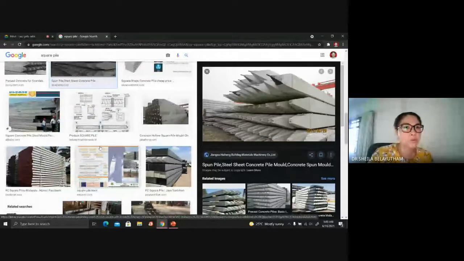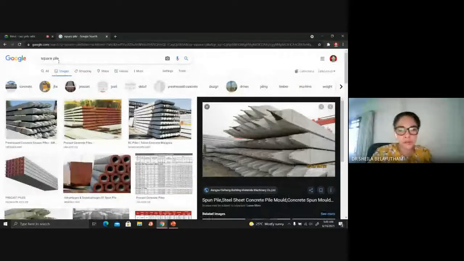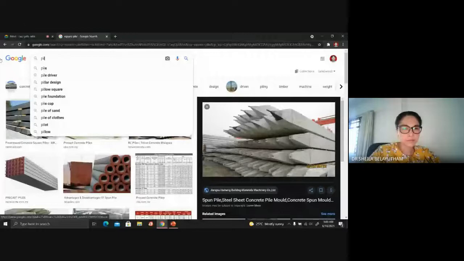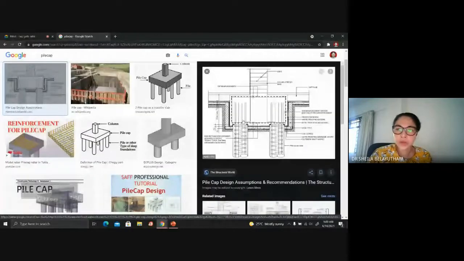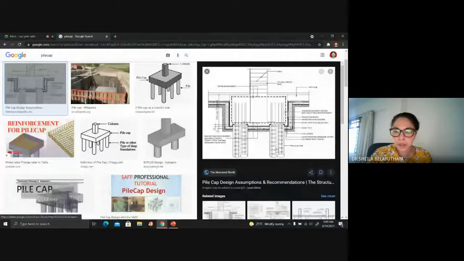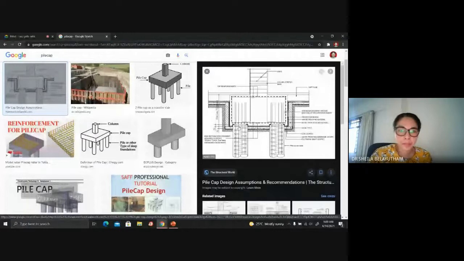So when we are trying to come up with a pile cap, this is a pile cap. You have driven in the pile, whether it is a spun pile or square pile, and you need to have this reinforcement bar coming up here so that you can build a pile cap. So this is a pile cap, for example.